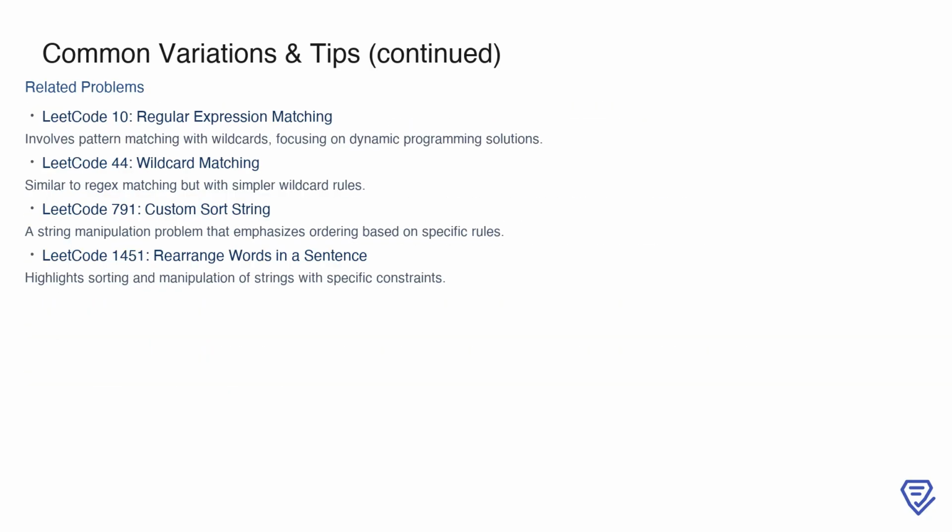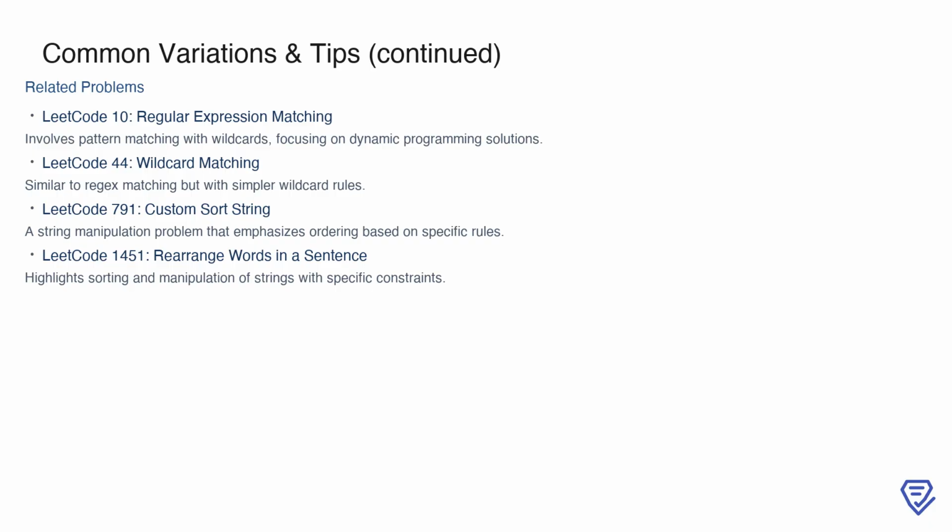Expanding on this topic, there are several related problems that can provide valuable practice and insights. For example, LeetCode 10, which focuses on regular expression matching, involves pattern matching with wildcards and often requires a dynamic programming approach. Similarly, LeetCode 44 explores wildcard matching, though its rules for wildcards are simpler than regex.